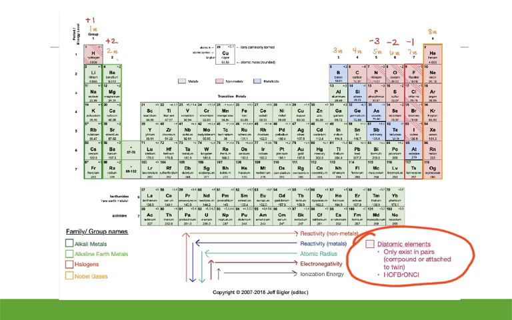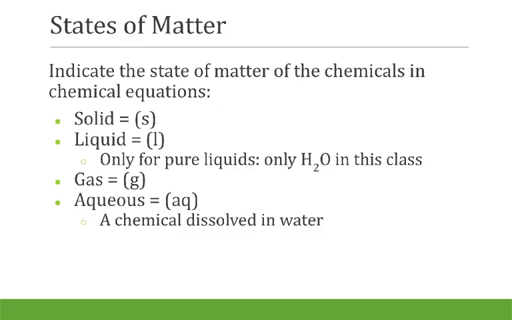Any of those squares that have the stripes in them. So there are our first 6, and then hydrogen is also diatomic. And that's because those are so electronegative that they're going to pair with another like atom to form a molecule. And states of matter. We're also going to want to make sure we're indicating states of matter when our problem is asking us to.